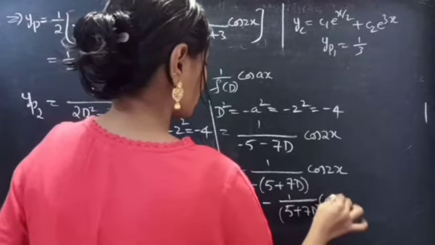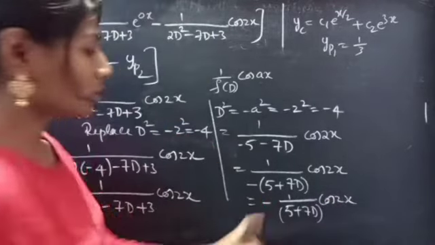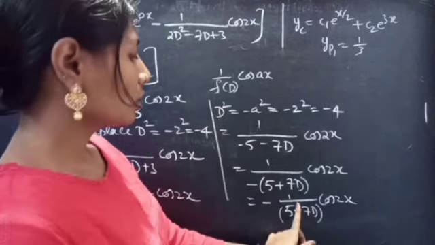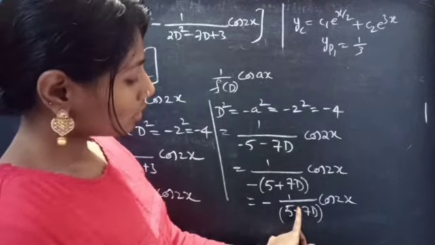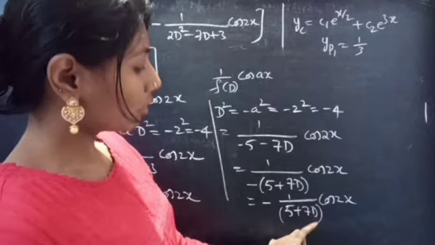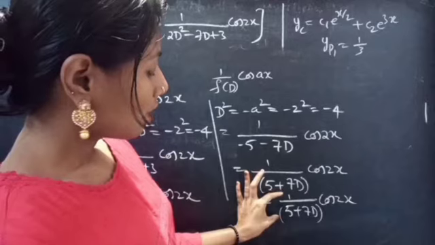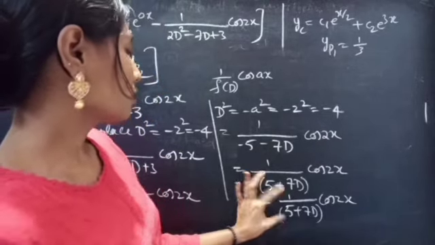See, in the denominator of the fraction we have 5 + 7D. Now change the sign. If you change the sign, then you will get 5 - 7D. So let's multiply and divide this fraction by 5 - 7D.